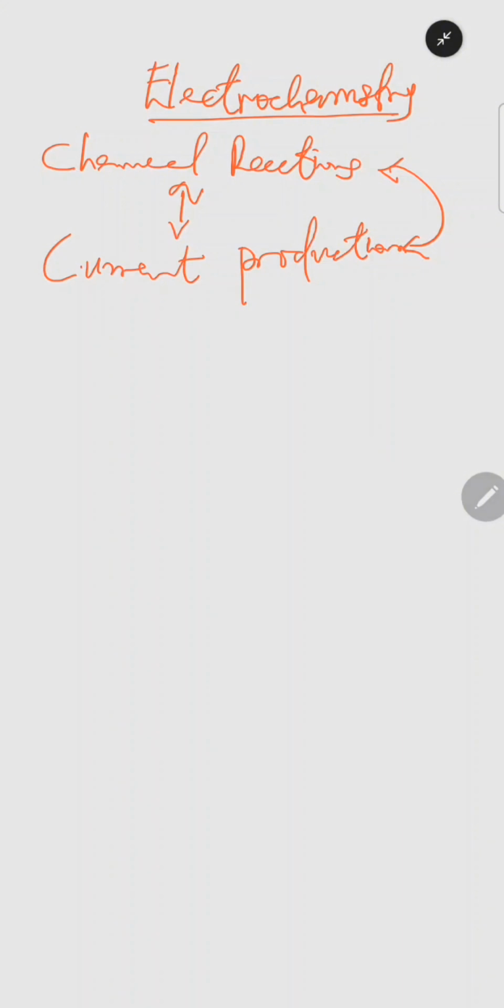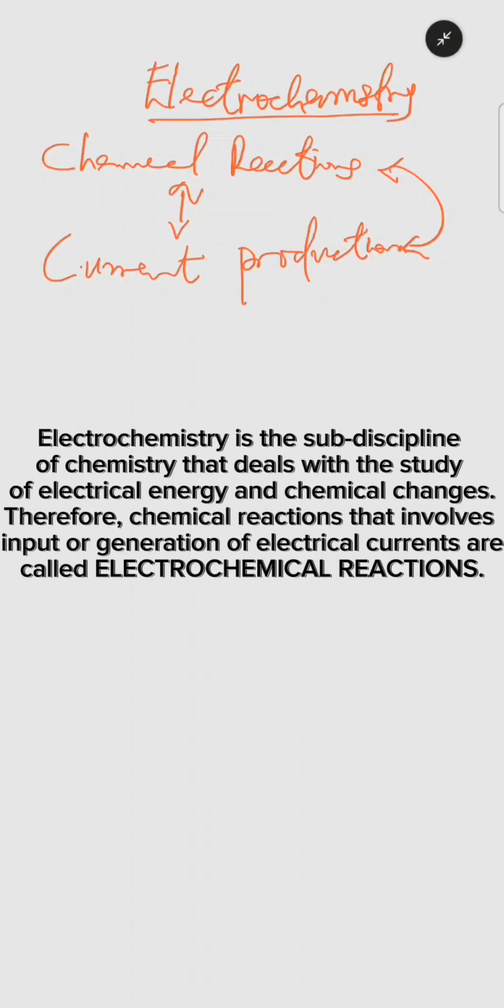As a matter of fact, electrochemistry itself is a subdiscipline of chemistry that deals with the study of electrical energy and chemical changes. Therefore, chemical reactions that involve input or generation of electrical current are called electrochemical reactions.